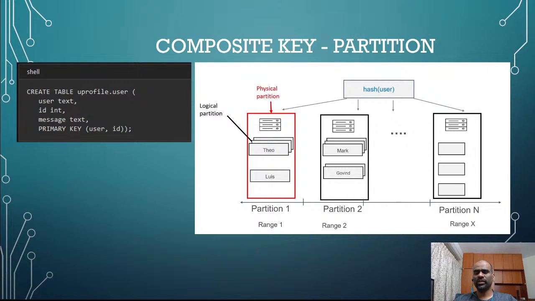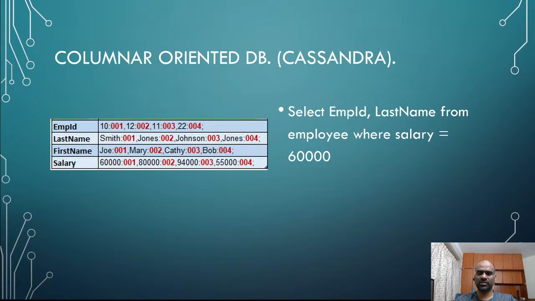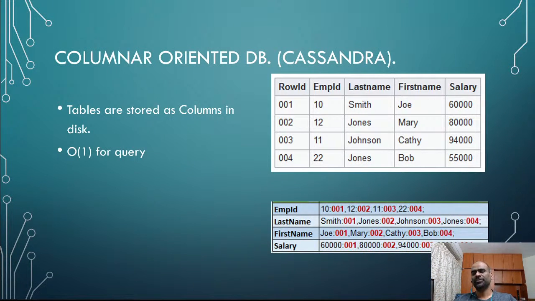We compared a row-based database and the column-based database. The row-based database and the column-based database store data in different formats. You can remember this. When you fetch data in a row base, it is different. When you fetch data in a column base, it is a little bit different. It travels using the row ID.